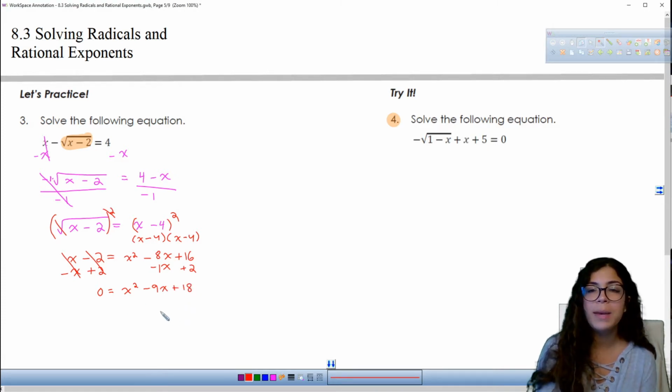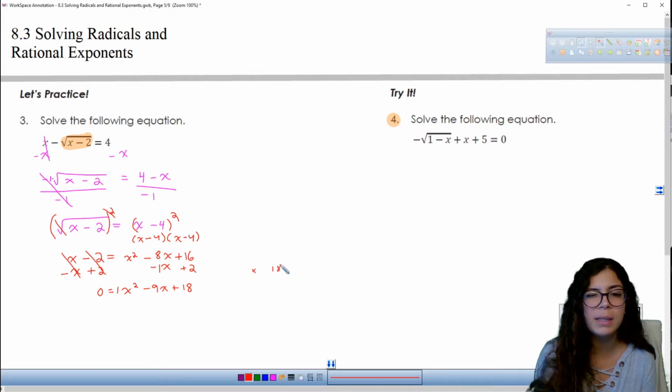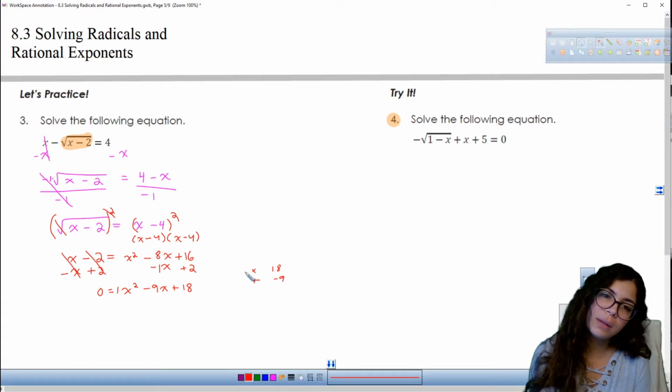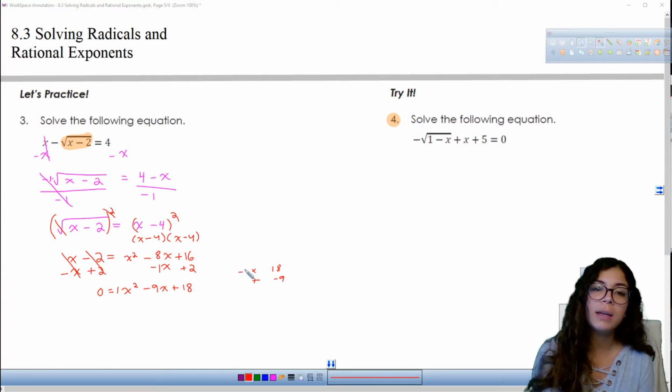All right, now we have to factor to solve, if possible. So our coefficient is 1, multiplies to 18, adds to negative 9. I can't think of anything. Oh, negative 3 times negative 6, negative 3 plus negative 6.